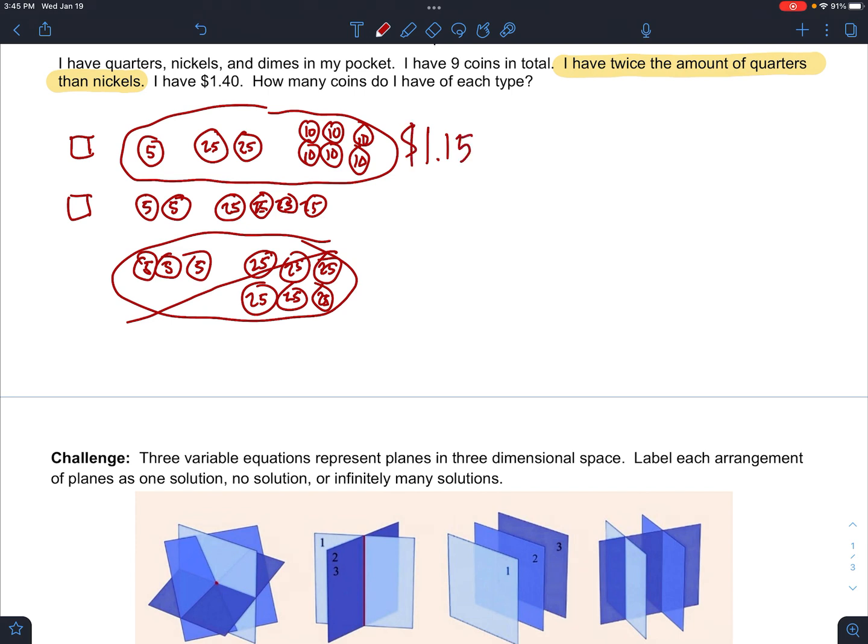So this is $1.15. That's too much. So it must be the case then that we have 2 nickels, 4 quarters, and 3 dimes. Because if we add this together, we get $1 in quarters and 40 cents in the other stuff. So it turns out that it's this combination that makes everything correct.